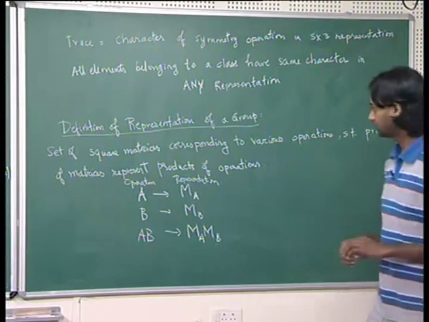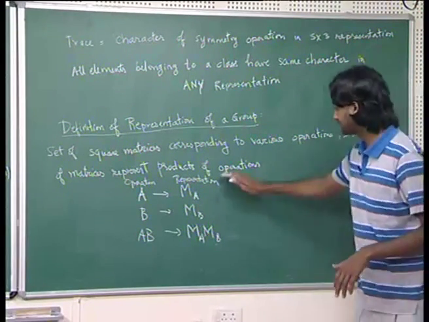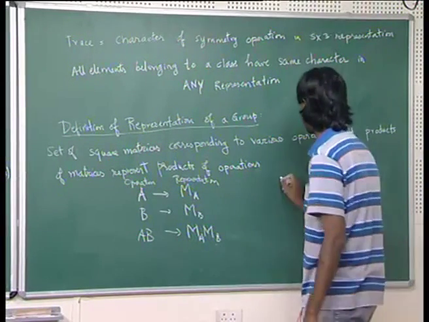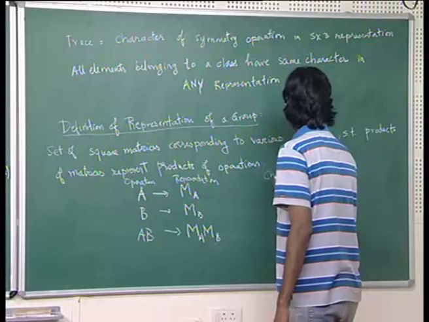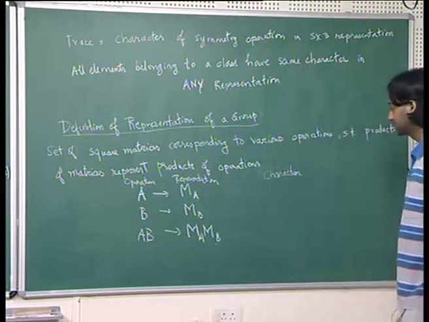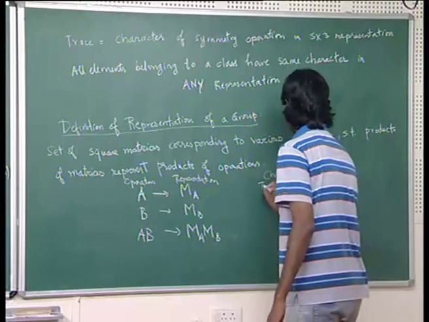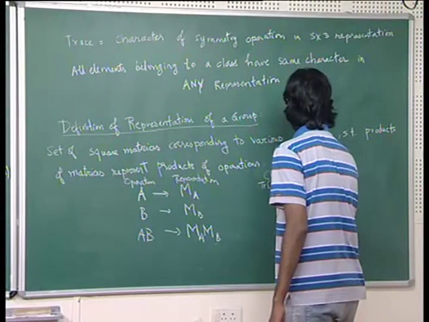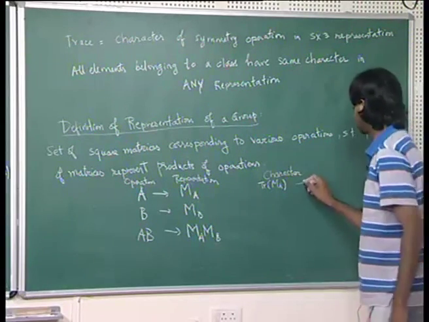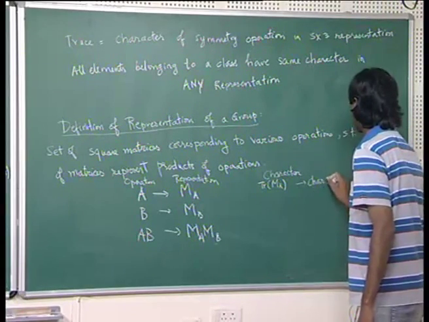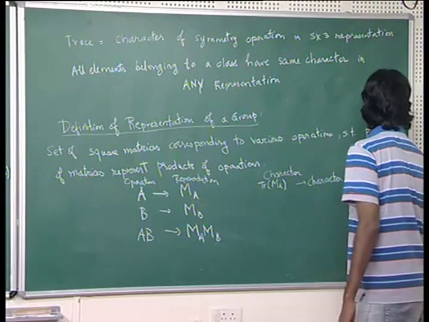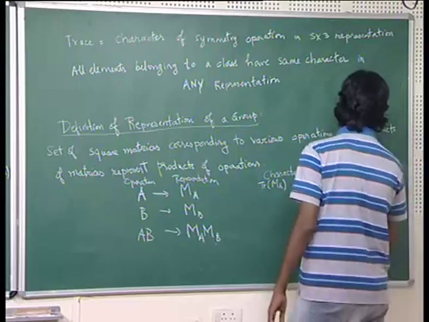Okay. So, now once we have the representation, it is very obvious to say what is the character of a representation, and a character is nothing but the trace. So, if you say trace of M A, this is the character of A in a given representation.